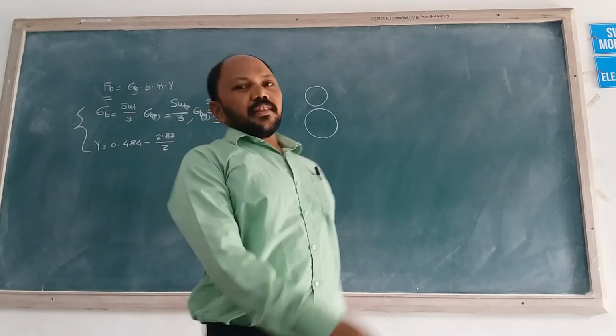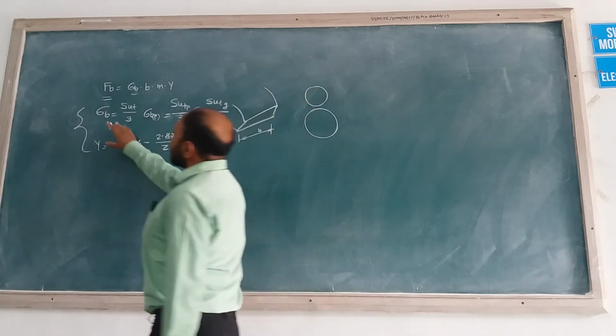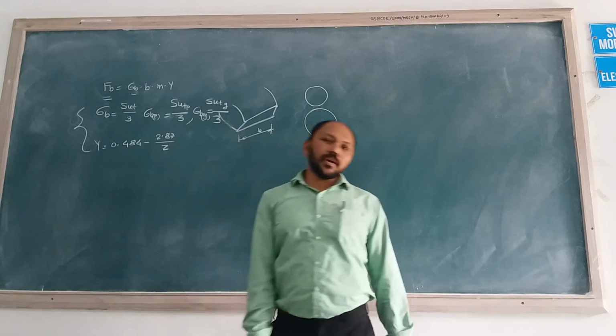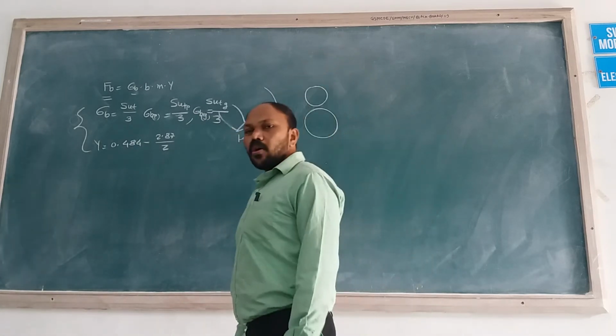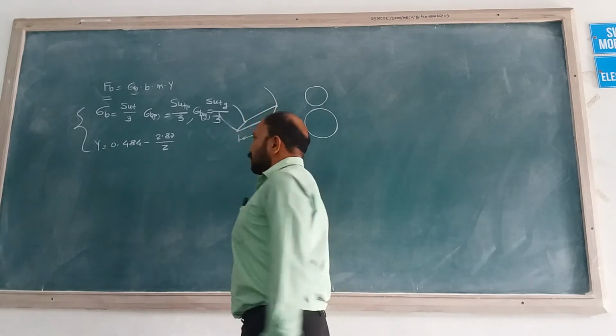Due to this reason, we take sigma b as one of the deciding factors for which is weaker, pinion or gear, in case of bending failure.